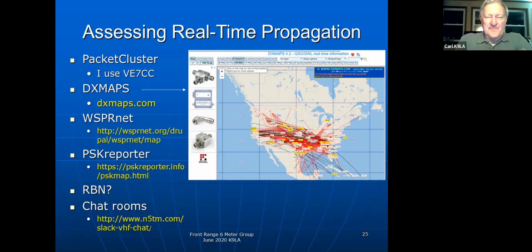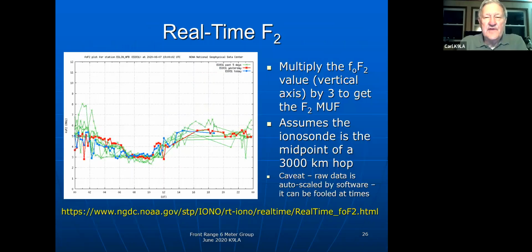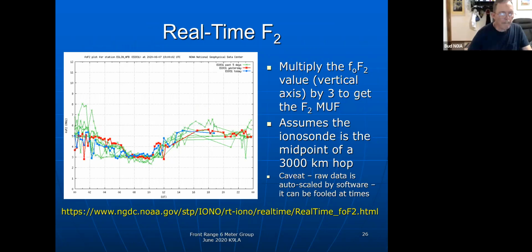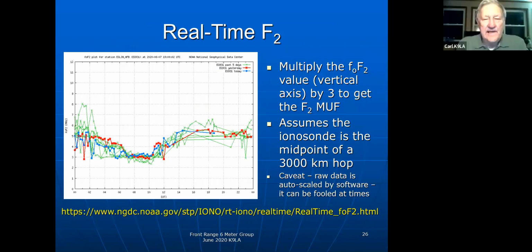Remember we talked about if we knew the F2 region critical frequency, you multiply by 3 to get the MUF. Well, here's some real-time F2 region data from ionosondes. That's the website, and you'll see a whole bunch of ionosondes throughout the world.